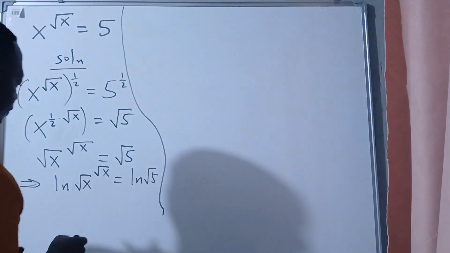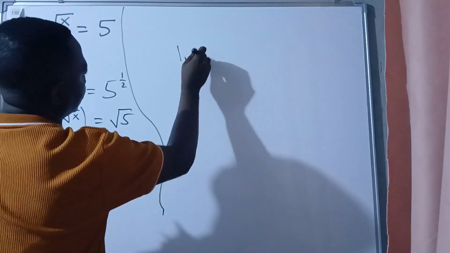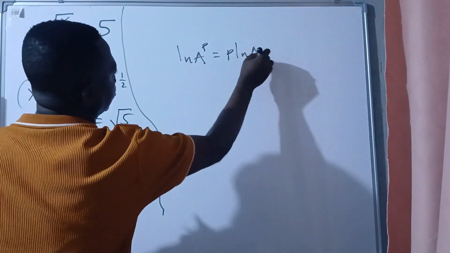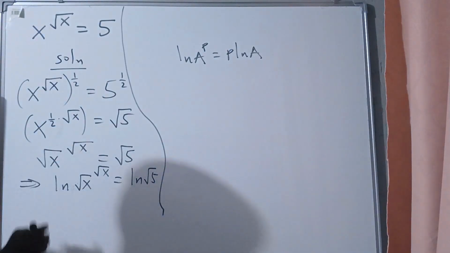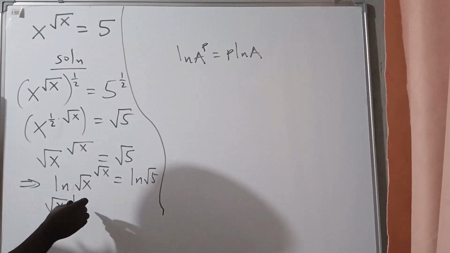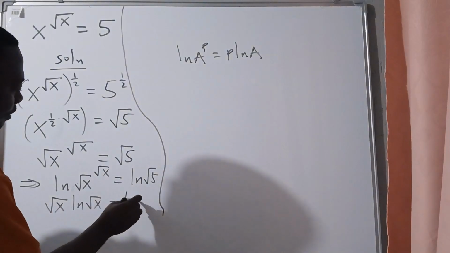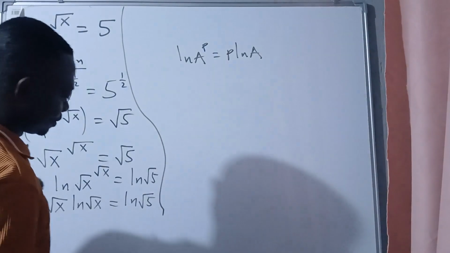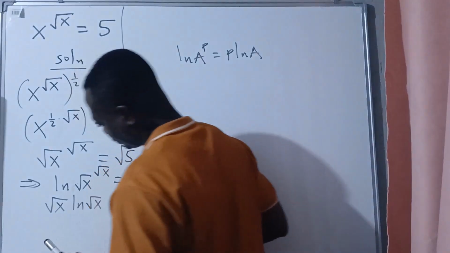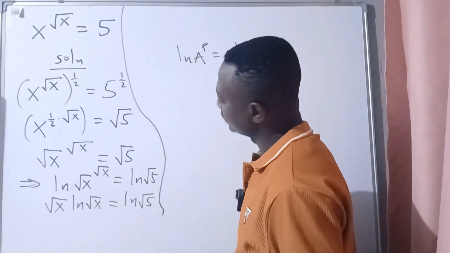Remember the log property: ln of a to the power of p is the same as p ln of a. So this one will come behind, that will be square root of x ln of square root of x, and we have ln of square root of 5. All right, now from here, let's take it from there.